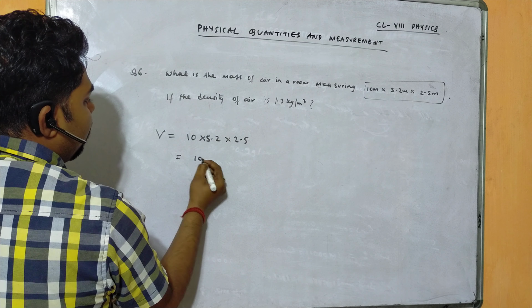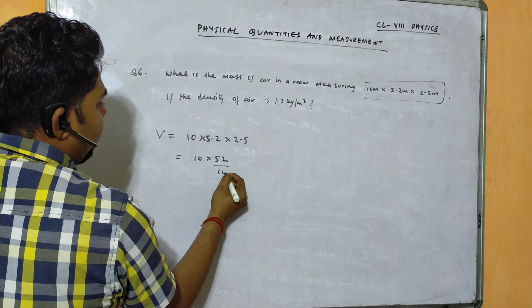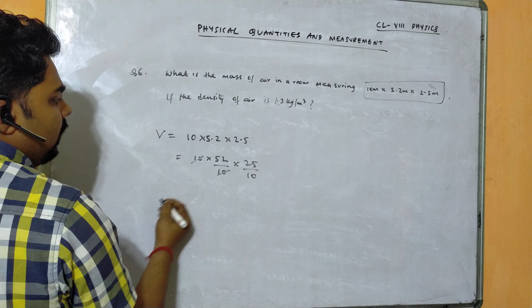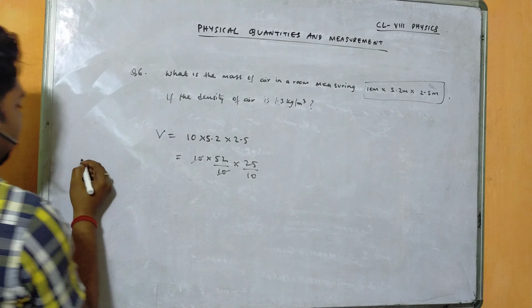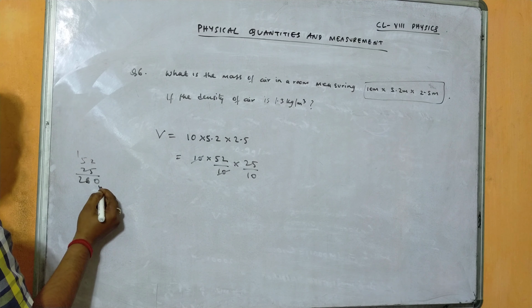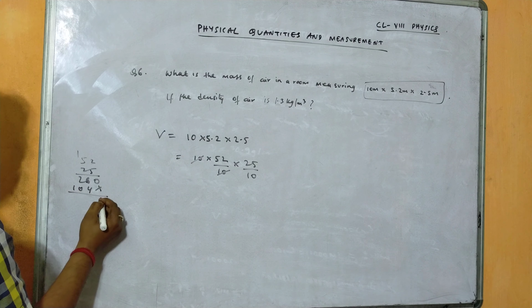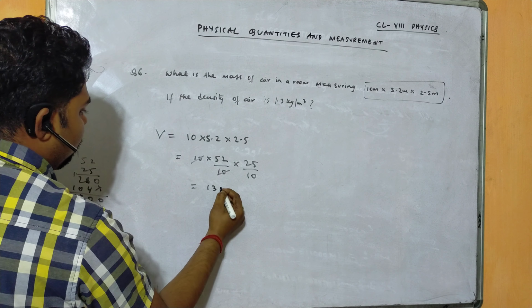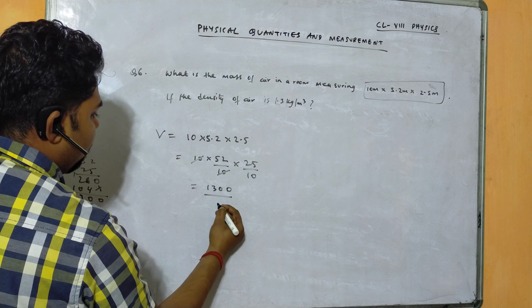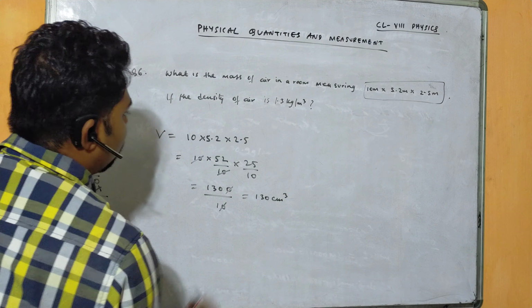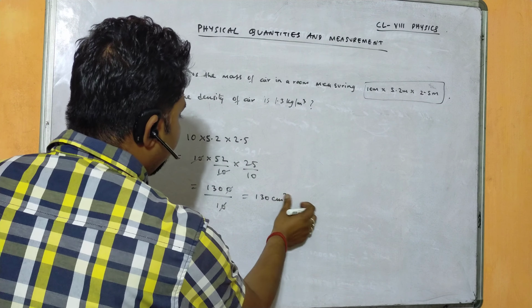If we calculate this one, 10 into 52 by 10 into 25 by 10, 10 and 10 got cancelled. Now 52 into 25, we will multiply this one, that is 1300. Okay, divided by 10. So 0 got cancelled, that is 130 meter cube.